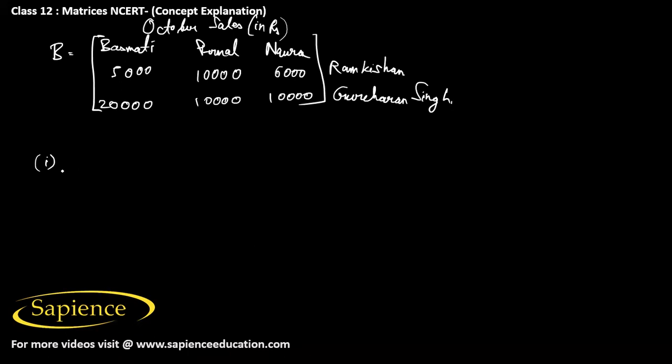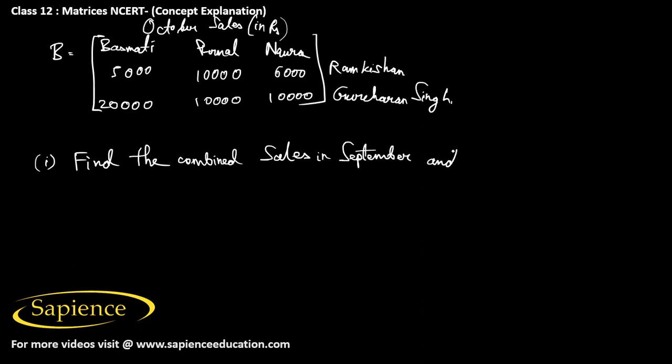And the first one is, find the combined sales in September and October for each farmer in each variety.